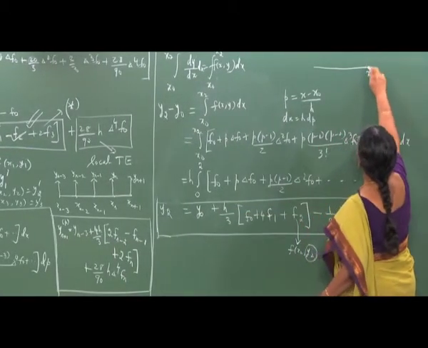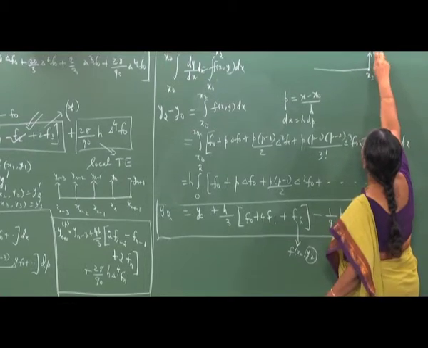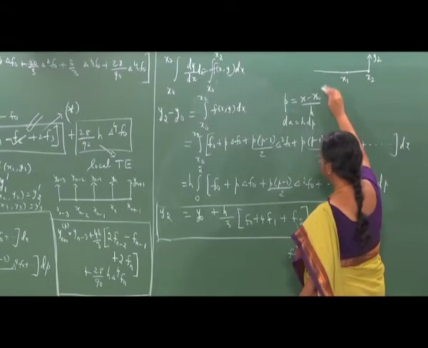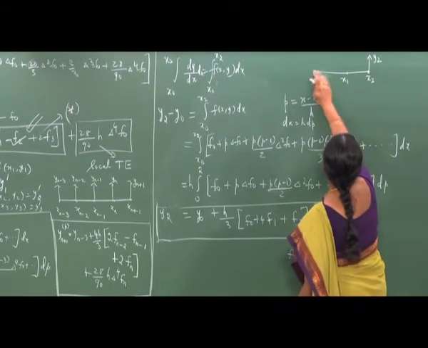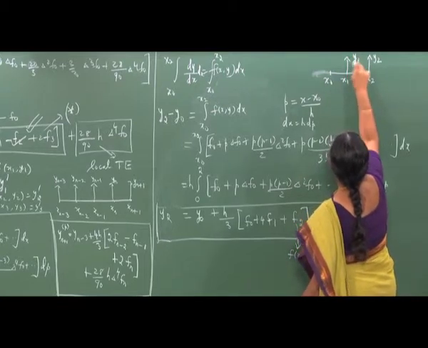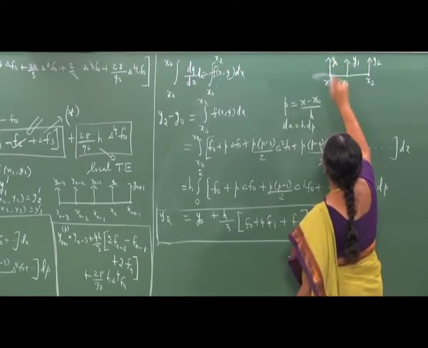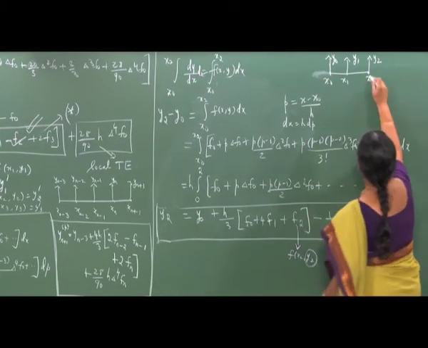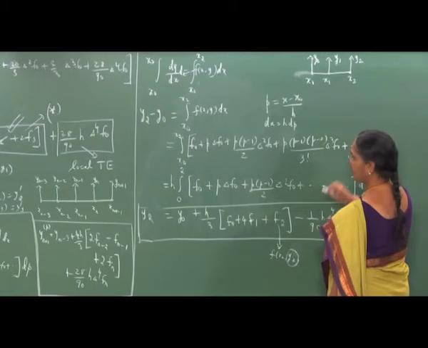If you want the solution at x2, namely y2, the previous equally spaced points are x1 and then x0, at which the solutions are y1, y0. So, the method gives you the solution at this point.